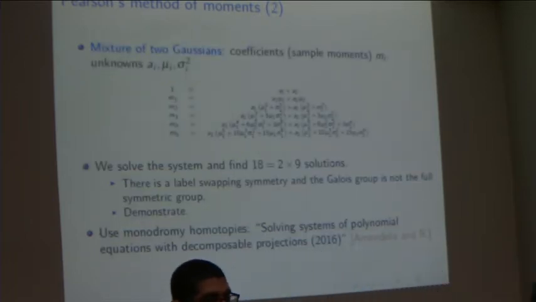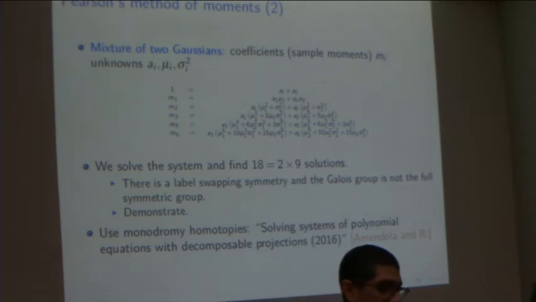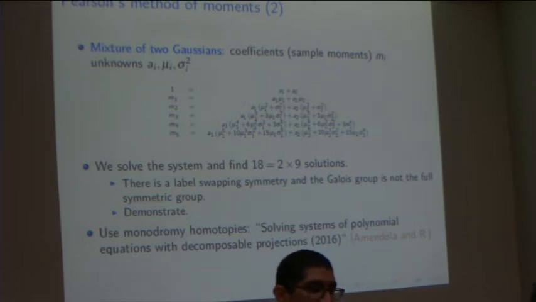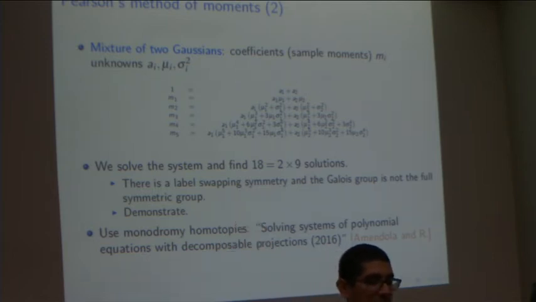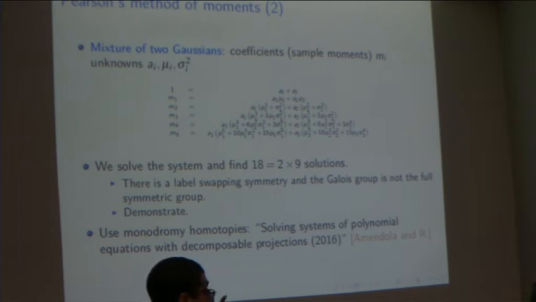Now, what's more interesting is mixture models. For a mixture of 2 Gaussians, you now need more moments to identify the parameters because there are more parameters. Again, it's a system of polynomial equations, and this system has 18 solutions. But this 18 is really 2 times 9.